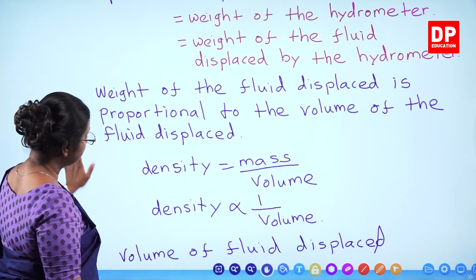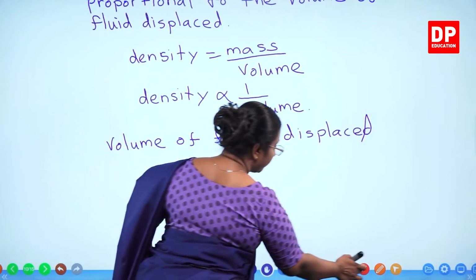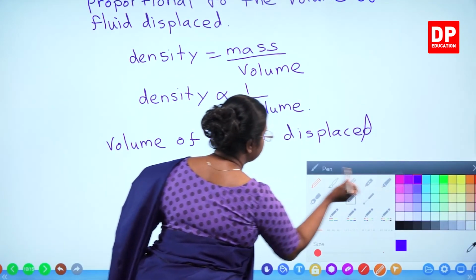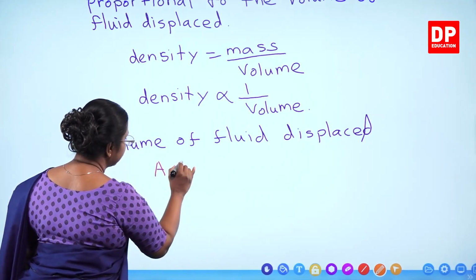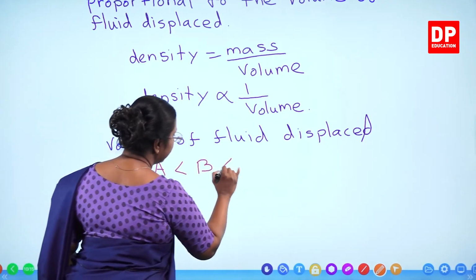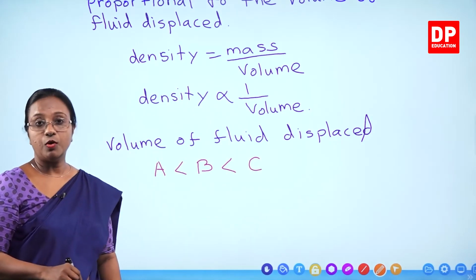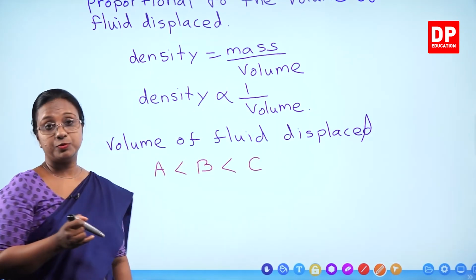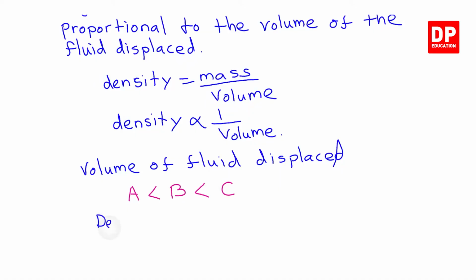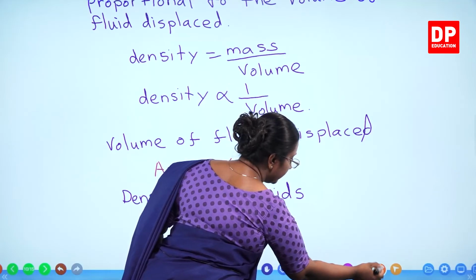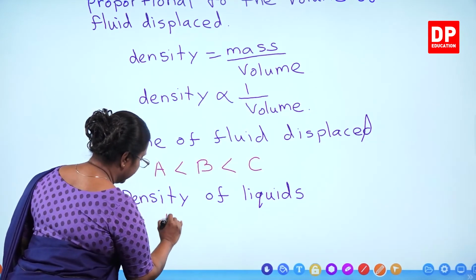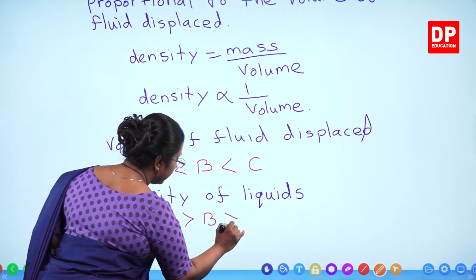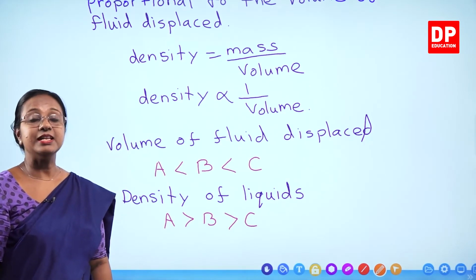So if we consider the volume of the fluid displaced, of course A is less, B is a little bit greater, and C is more volume. That means, as I told you, volume is inversely proportional to density. So for the density of liquids, if you compare, A has a higher density than B, which in turn has a higher density than C.